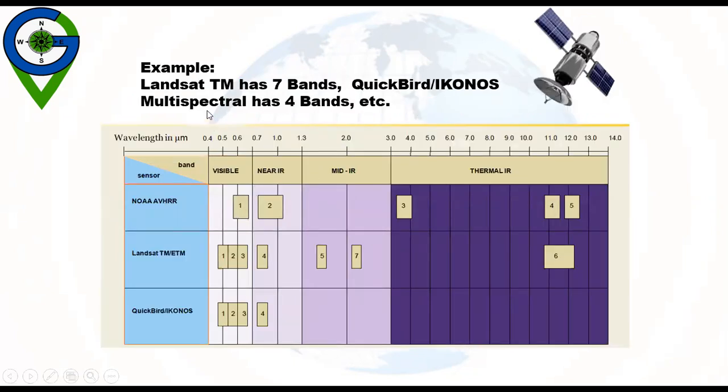This is an example I have taken from the Landsat Thematic Mapper. It has 7 bands, and QuickBird IKONOS multispectral has 4 bands. The more bands there are, the more information we can get about the objects, and the ability to distinguish between two features increases as the number of bands increases.